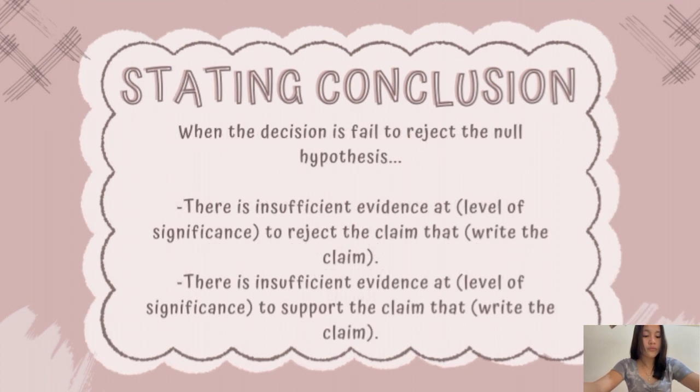When the decision is fail to reject the null hypothesis, the words we are going to use are there is insufficient evidence at, let's say, 0.01 level of significance to reject the claim that men prefer engineering courses than women. Or you may also say there is insufficient evidence at 0.01 level of significance to support the claim that men prefer engineering courses than women.